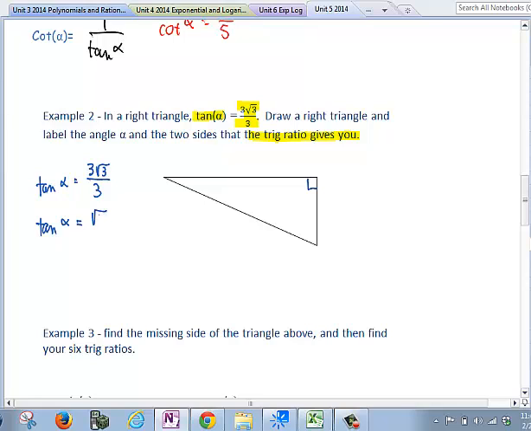The tangent of alpha is equal to root 3 over 1, because the 3's cancel. You may not realize this, but once they give you a ratio of sides for the tangent, you know what an opposite side value could be and an adjacent side value. Because remember, tangent is opposite over adjacent from the saying SOHCAHTOA.